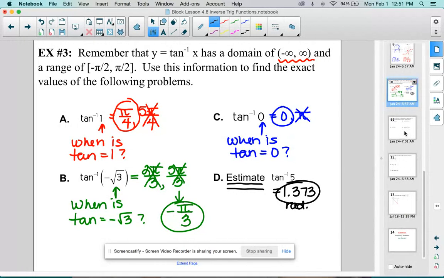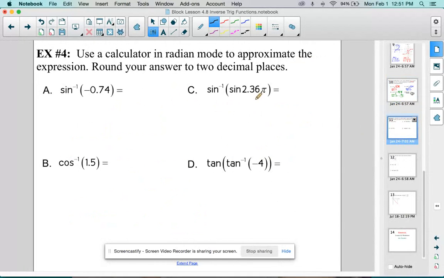All right, so let's just do a few more. These are all calculator questions. You do still have to think through them the way that you had to do all the others, okay? Meaning, you have to start with this inside value, and you have to ask yourself if that is in the interval or not. And if it is, then you can go to the step of computing, okay?